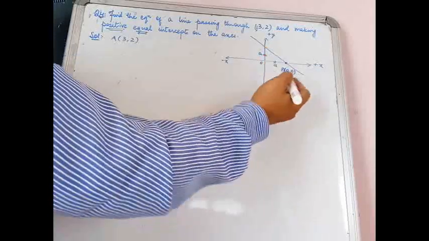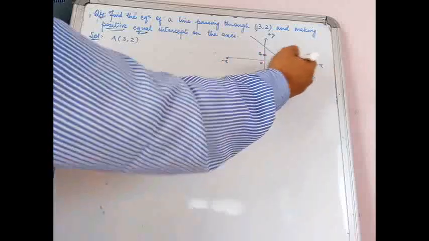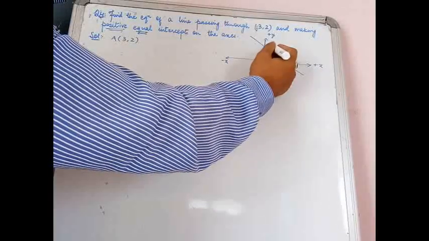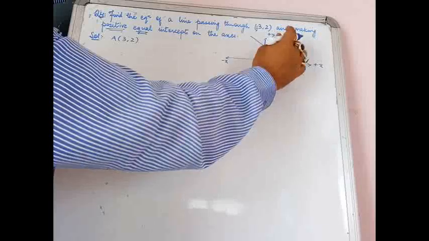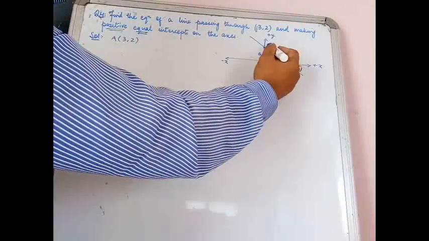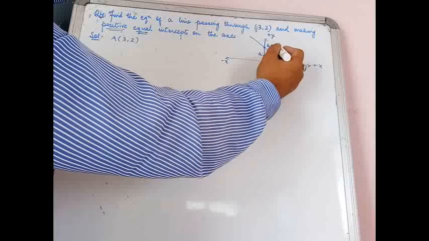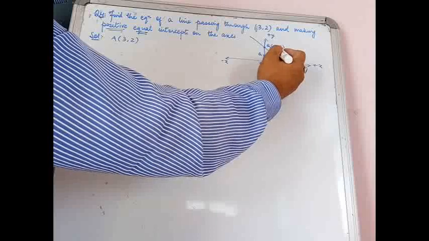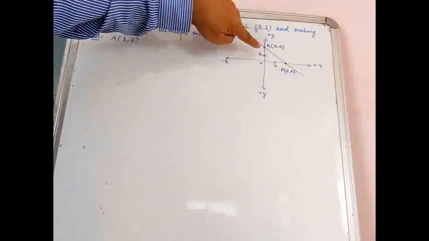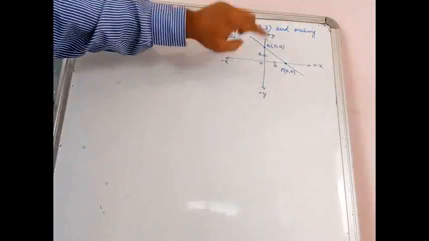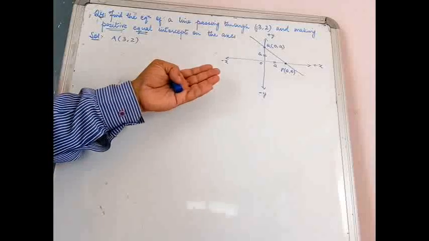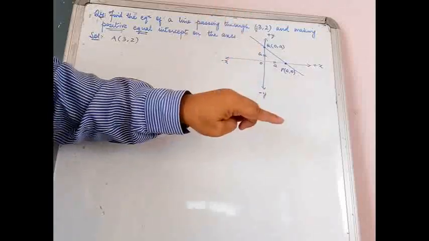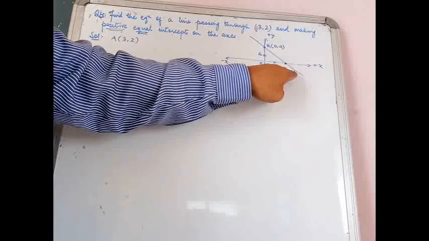Why A, 0? Because the y part on the x-axis will always be 0. Similarly, this particular point over here, if you call it Q, will become 0, A. Here the x part will be 0 because this point is on the y-axis. As we discussed in the previous question, all points on the y-axis will have their x part 0, and all points on the x-axis will have their y part 0.